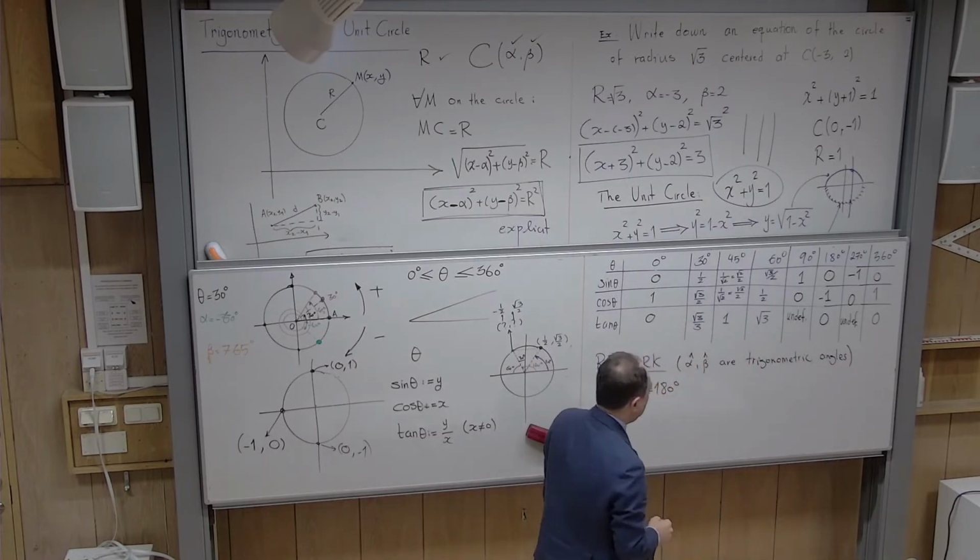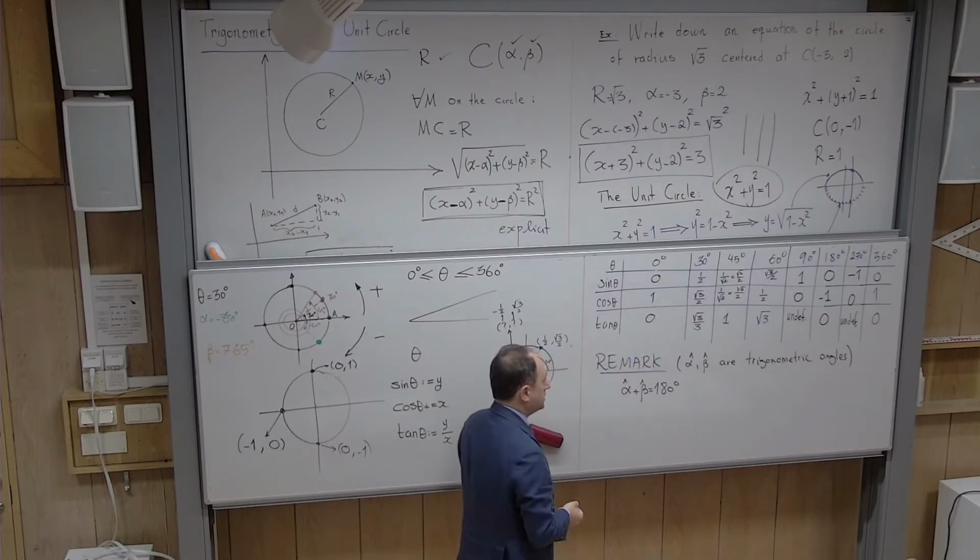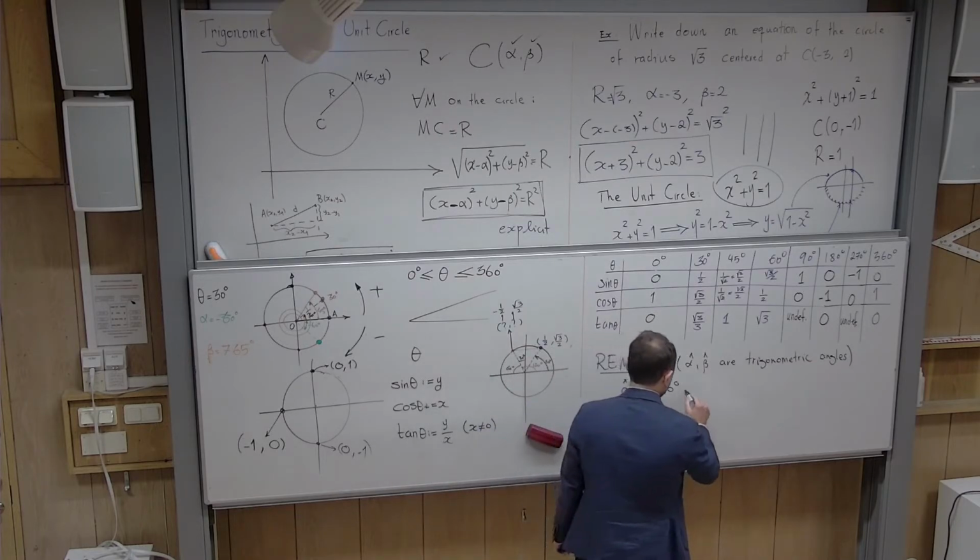What do I mean? I mean that they can be larger than 360 degrees, they can also even be negative. Anyway, if alpha plus beta is 180 degrees, they are supplementary.